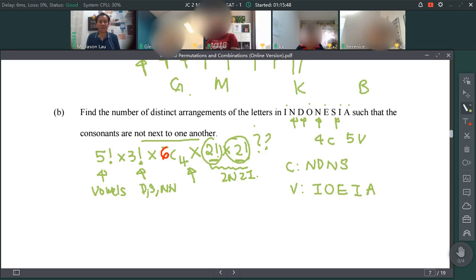Why? Because they are repeated objects always. Oh, okay. Okay, Kai-Xing, modification. Is it 5 factorial over 2 factorial? That's it, finish. So short. 5 factorial over 2 factorial times 6 choose 4 times 4 factorial over 2 factorial.